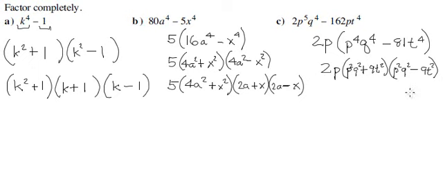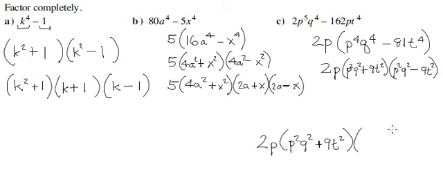And it's not even surprising by now because they've pulled the same trick twice in a row, 3 times now. This is another difference of squares. I'm going to write it down here because I need more space. 2p. Then we have p squared, q squared, plus 9t squared. We can't do anything with this one because it contains a plus. It's not a difference of squares, it's a sum of squares.